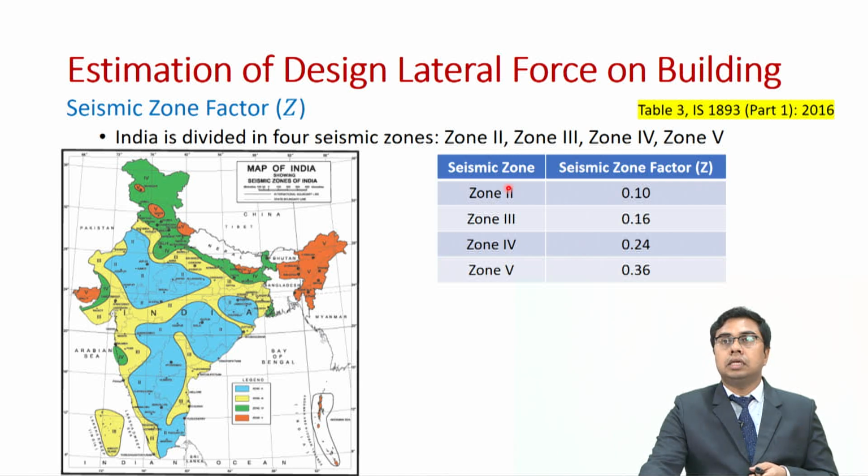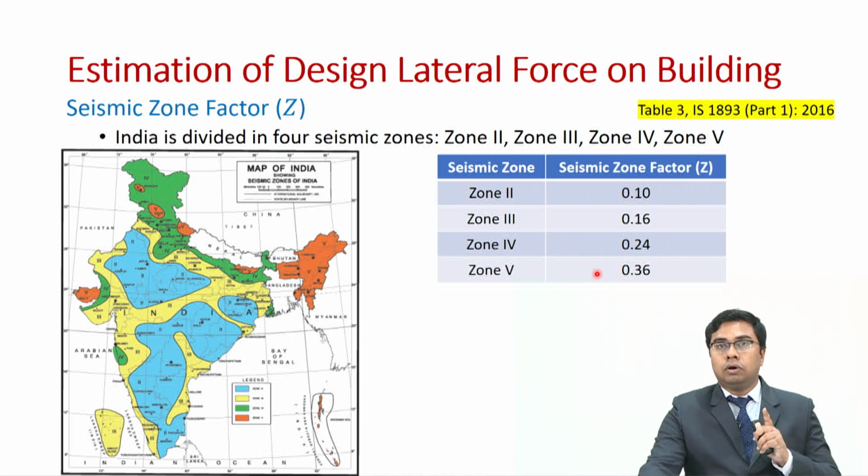So, for different seismic zones we have the seismic zone factor given by this table 3 of IS 1893 part 1 2016. Zone 2 has a seismic zone factor of 0.1, zone 3 has a seismic zone factor of 0.16, zones 4 and 5 shall have seismic zone factors of 0.24 and 0.36 respectively.